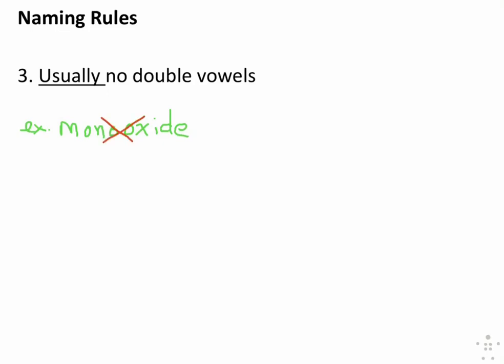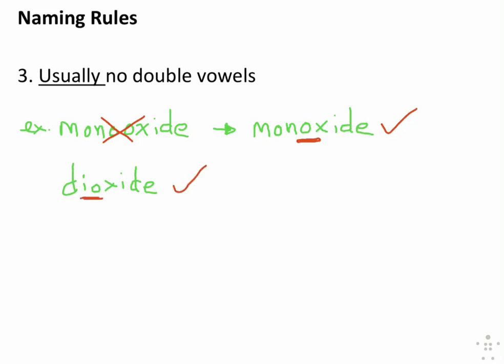Instead, you get rid of one of those O's and you write it monoxide, so that there's only one O here. However, if you have two different vowels, like if you were to write dioxide, that is okay. When we talk about having no double vowels, we're usually indicating that we don't have two of the same vowels in a row or right beside each other.